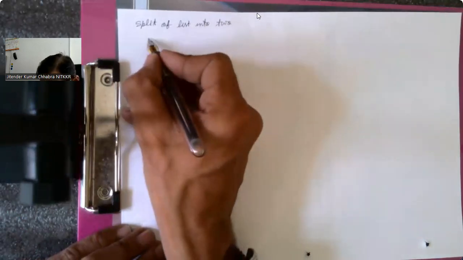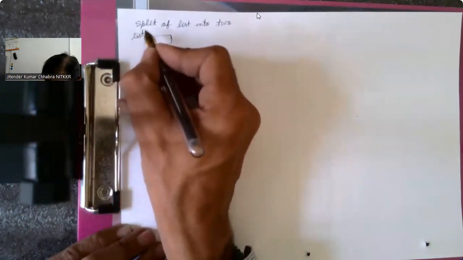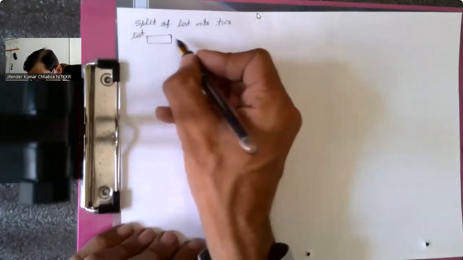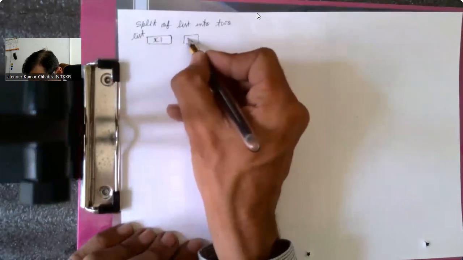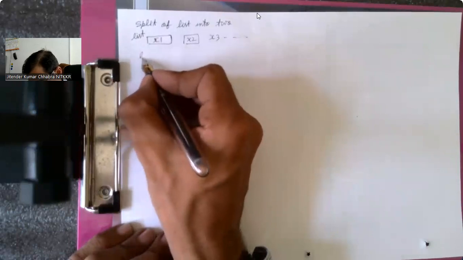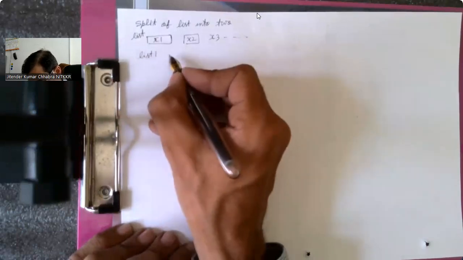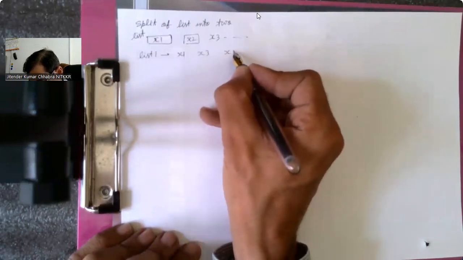For example, I have a list, and this has got some data, let's say node x1, then x2, then x3, and so on. Maybe I say I want to generate list 1 as x1 followed by x3, x5.